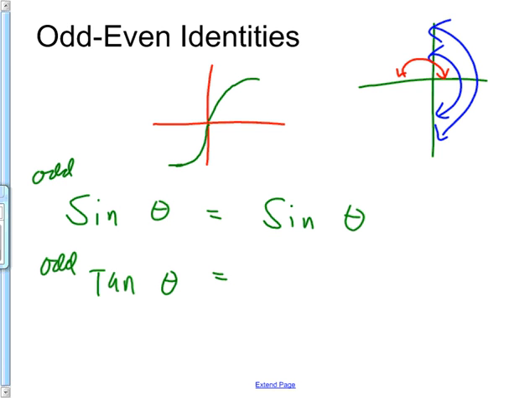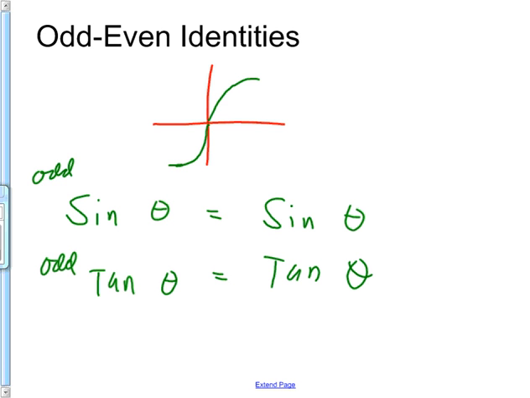Same deal. Tangent and sine are both odd functions. So here's the special thing that they do. If you make this angle negative, then your answer is the exact same thing as it would have been normally, except you throw a negative in front of it.